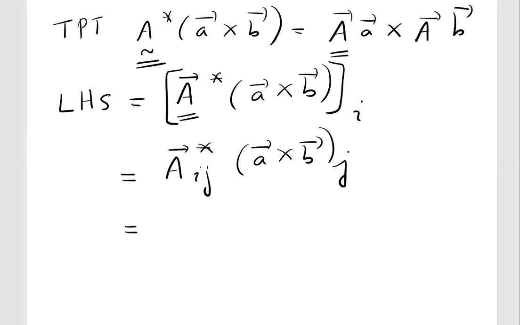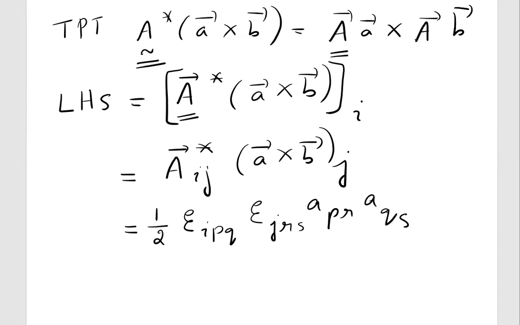Next step, we'll use what is A star definition. So I'm using A star definition now. So it is half, 2 epsilons: 1 epsilon i p q, another epsilon j r s, a p r, and then a q s. So this part is nothing but A star ij.